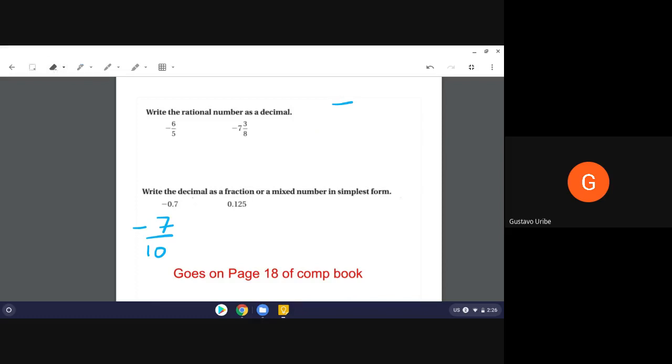Let's try the next one, where you have 0.125 over 1. How many numbers do I have after this decimal, or digits? I have 1, 2, 3. So it means I'm going to put 1, 2, 3 zeros.